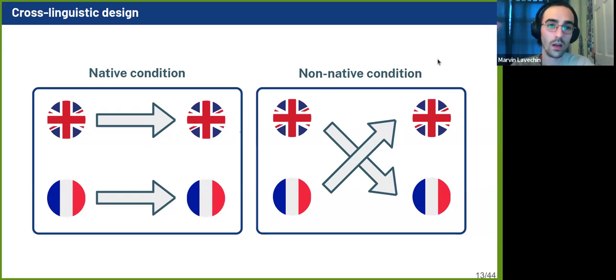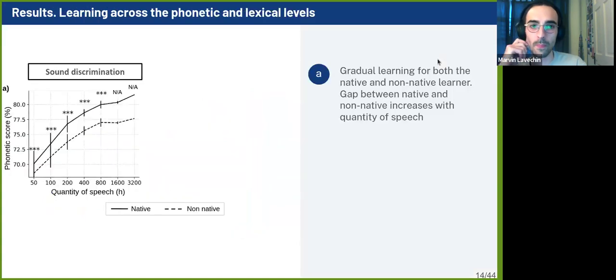And so the idea is that comparing performance across the native and the non-native conditions allows us to measure what the model has learned due to exposure to its native language as compared to exposure to another language. So in other words, the non-native model acts as a baseline, or the control condition.